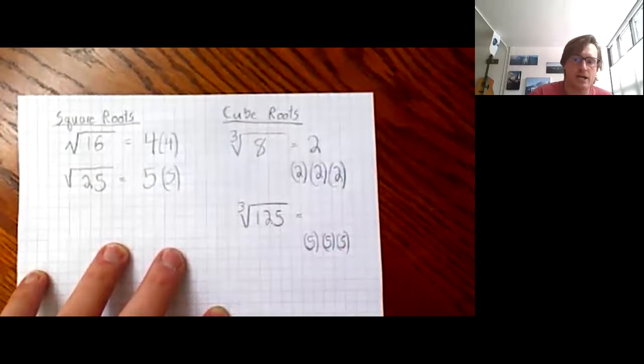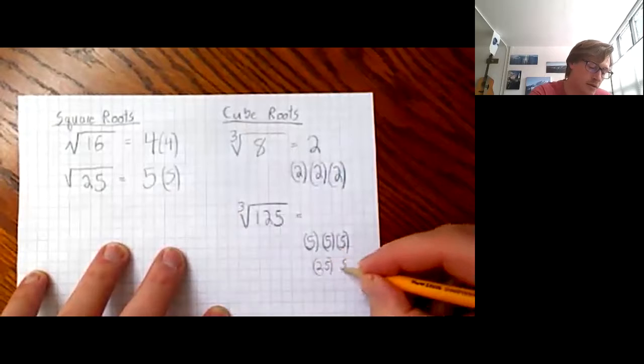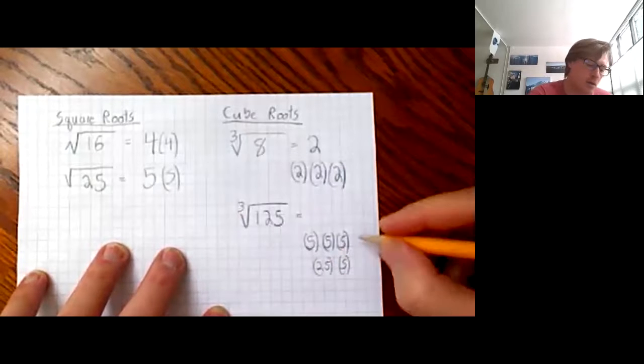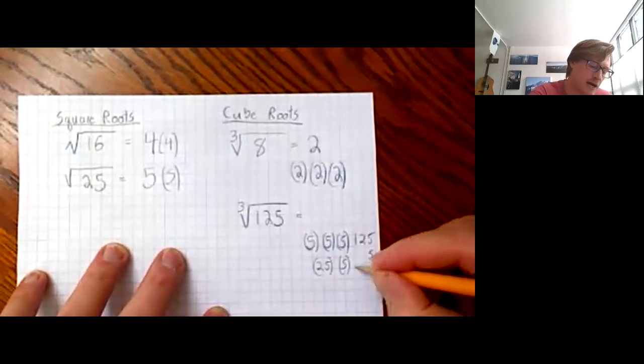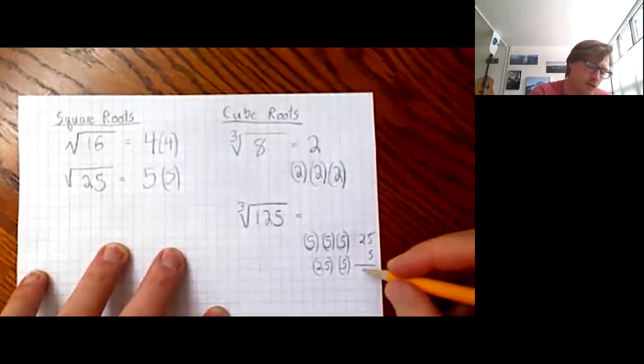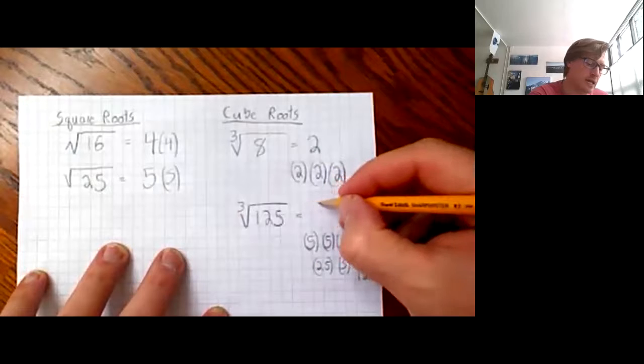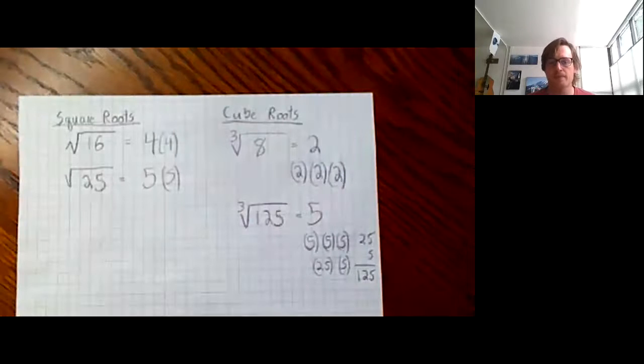I'm going to do a guess and check here. 5 times 5 is 25, times 5. 25 times 5 is 125. So my answer here is 5. Okay, so that's square roots and cube roots, just that symbol there.